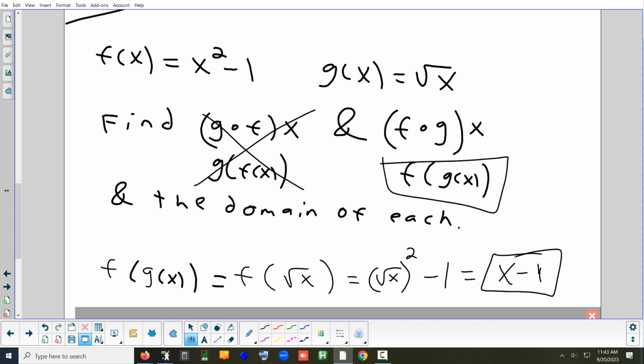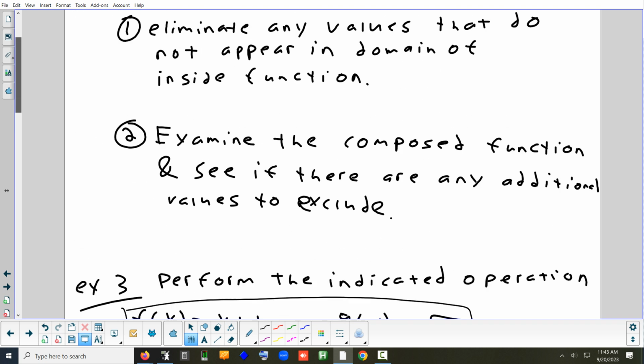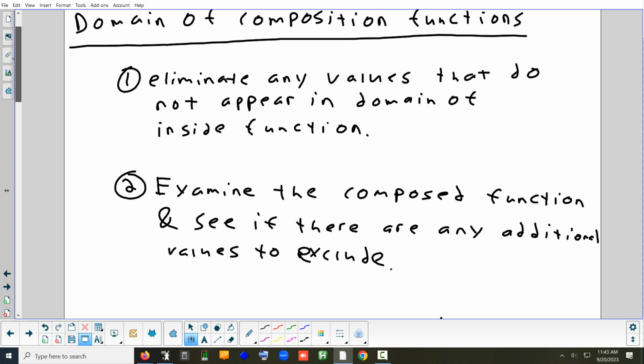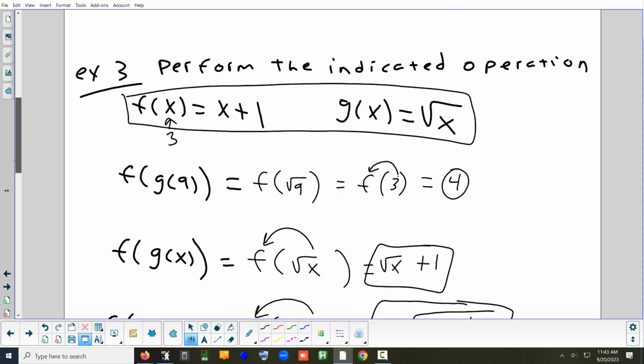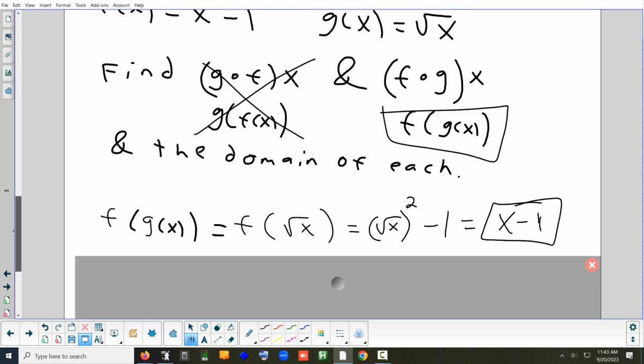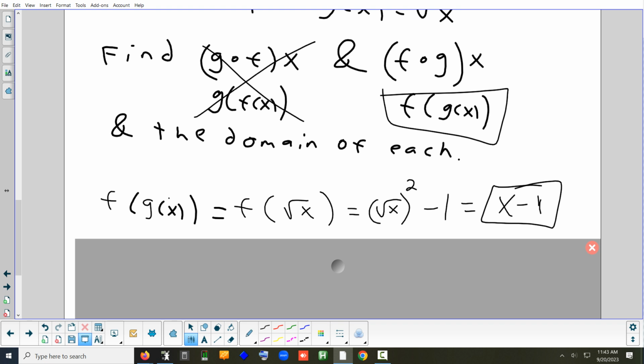So this time, I want to know the domain. To find the domain, the first step is look at the inside function and eliminate any values from that. In this case, the inside function is g of x. g of x is a square root, so there are only certain values we can use.